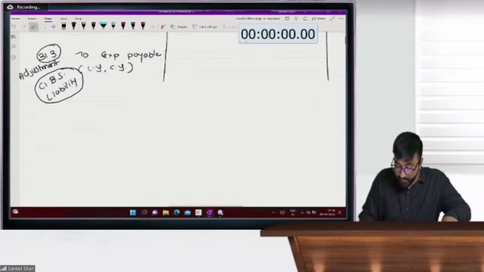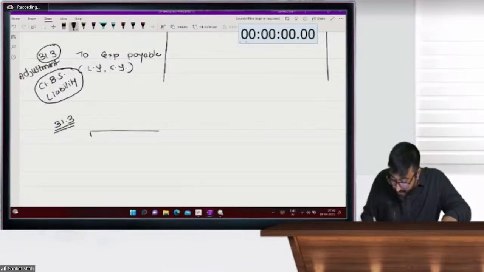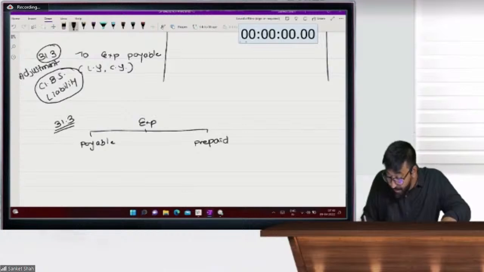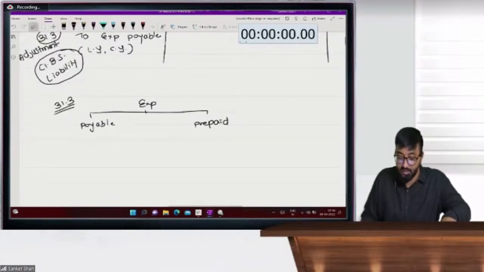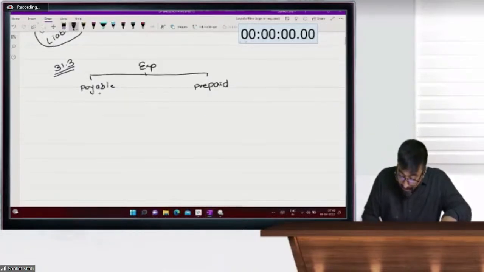So what is the closing entry on 31st of March? Expenses are either payable or, beta, it might be prepaid. So this is the 31st March entry. So what is the entry, beta? Expenditure payable is my liability.